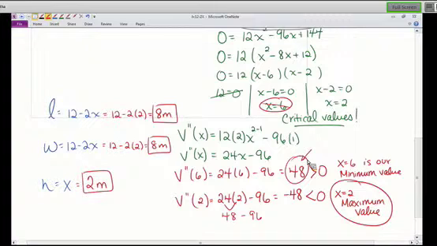Well, part B is not too difficult. All we have to do is calculate the volume by multiplying out our dimensions. Well, you have to show the work for the second derivative, V double prime, because that's the way that you test whether your critical values are a max or a min.